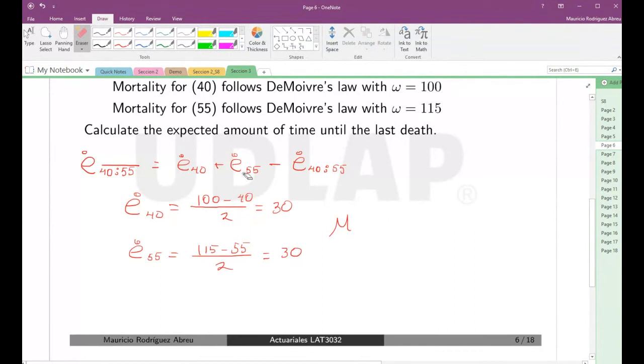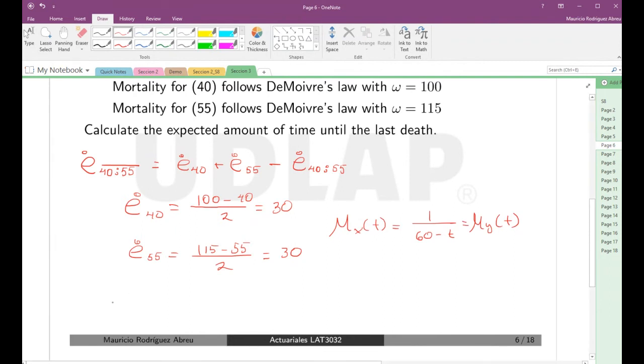Let me write the complete expression. Which is equal. Just because in this scenario we have the same distance between omega and the age of the person.